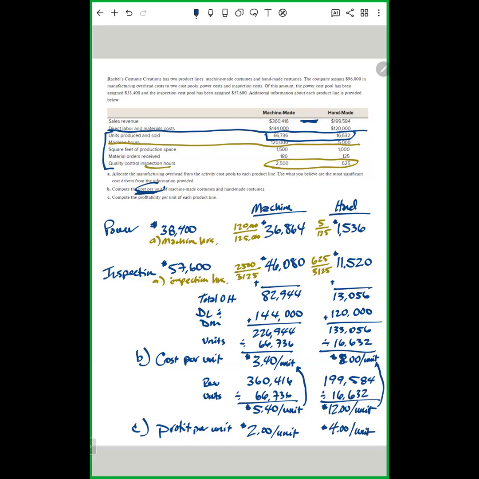So the machine-made ones make a little bit less money per unit than the handmade ones. The machine-made ones use a lot more power, and the handmade ones use, maybe, more inspection hours per unit. I don't know. I'd have to do a little more analysis, but that's the general breakdown for Rachel's Costume Creations.